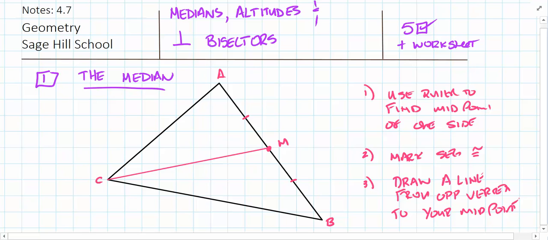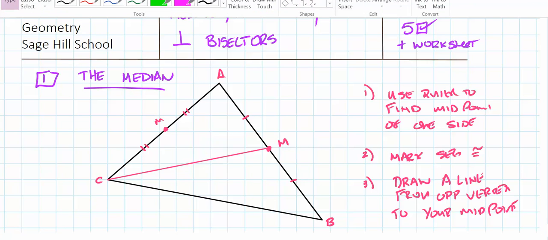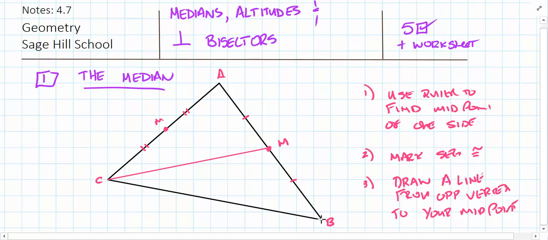So we're going to do the same thing for the other 2 sides. I'm going to go AC. I'm going to use a ruler, and I would mark my midpoint there. And then I'd make my 2 congruent segments. And then I would go from the opposite vertex over to my midpoint. That is my second median.